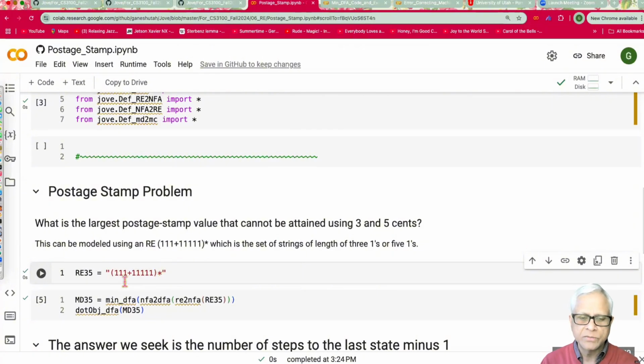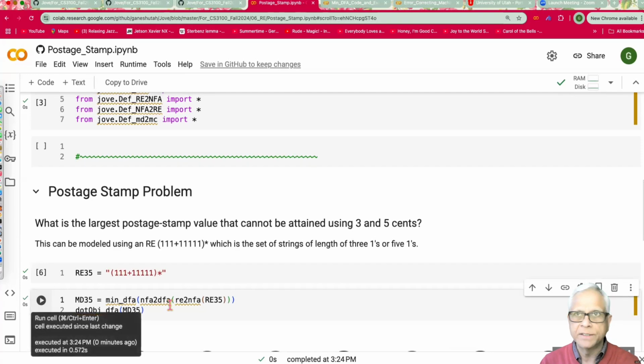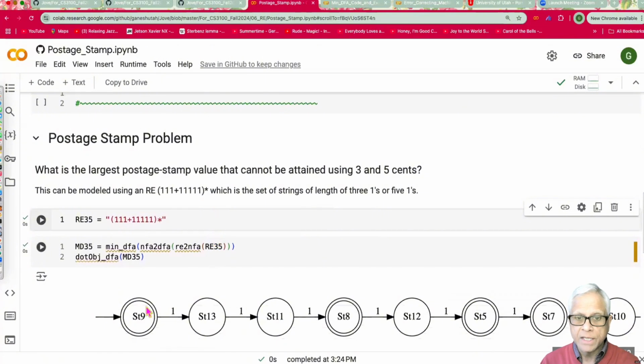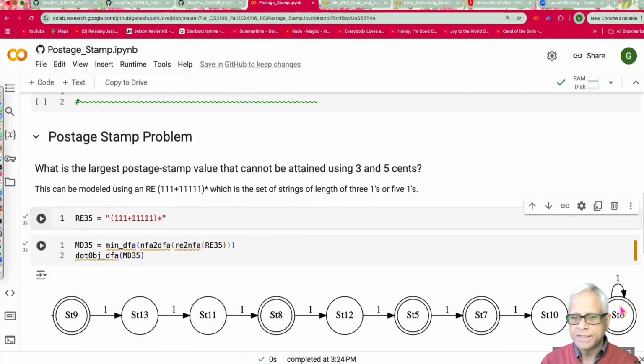How do we find out the largest stamp value that cannot be attained? How about if we build a minimal DFA for this one? This is an observation I made: the minimal DFA cannot flare out from one state because it has only one symbol in the alphabet, so it will be a stick with a lasso at the end.